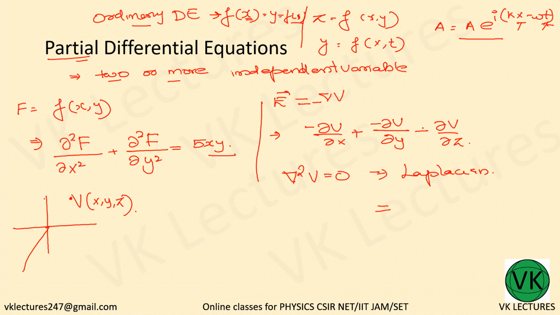And in the case of potential, V is a function of x, y and z, these x, y, z are the points in the coordinate system, and this del square V equal to 0 is a Laplace equation. Just for remembering, please keep in mind.